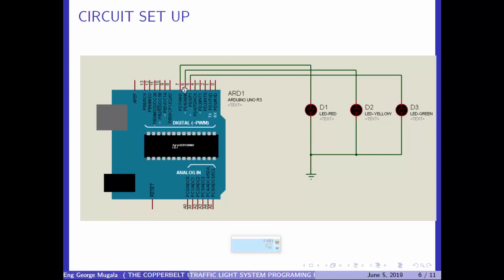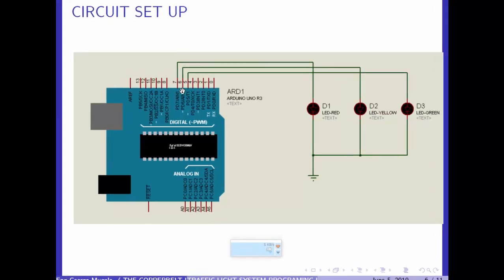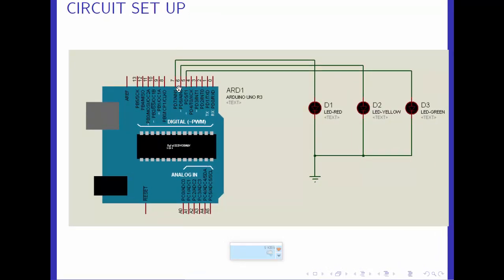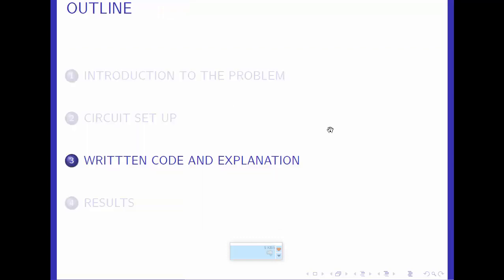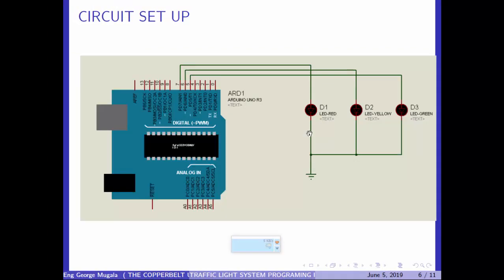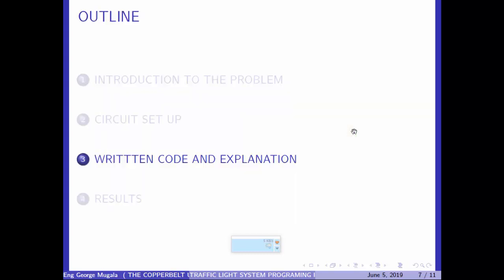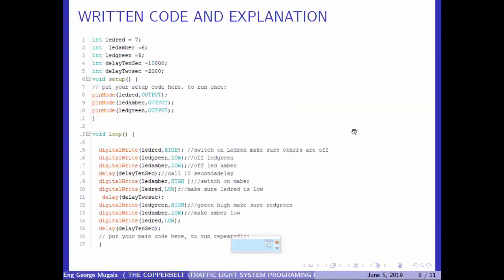So we have 7, 6, and 5 as the pins under discussion. And so the next thing we're going to do now is look at the written code.